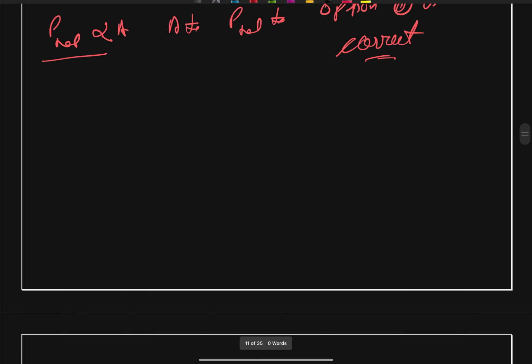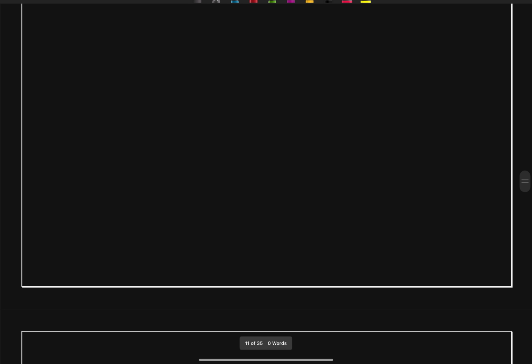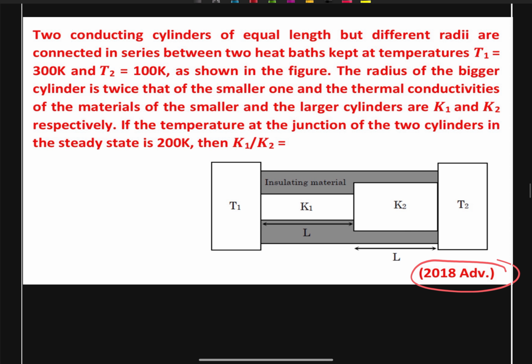Next question. It was asked in the year 2018 in Advanced, and it states that two conducting cylinders of equal length but different radii are connected in series between two heat baths kept at temperature T1 300 Kelvin and T2 100 Kelvin as shown in the figure.